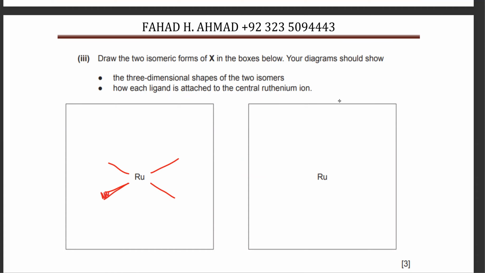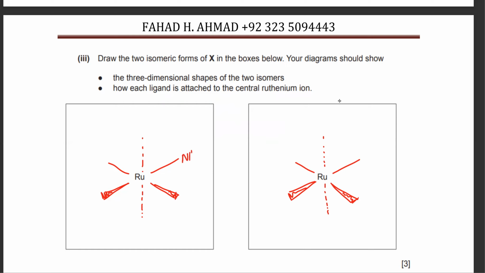Think of this as coming out of the page, this one as well, and that's your z-axis. So 6 sides.